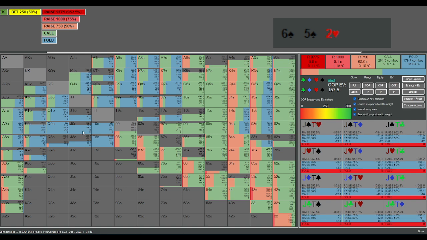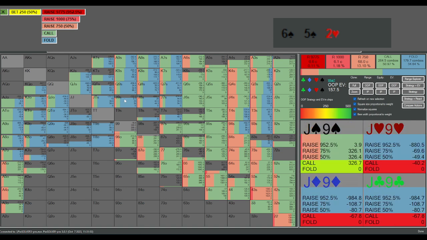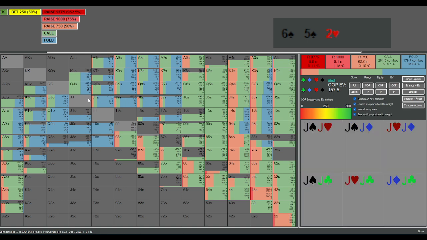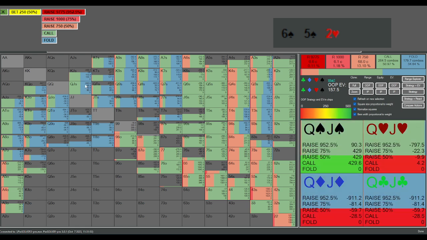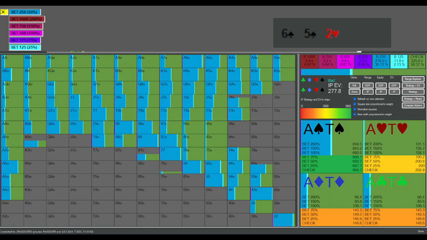All this offsuit jack high stuff, suited jack high. So when you do have something like king jack or king queen or queen jack, you're really incentivized to check back and keep those hands in your opponent's range that you have rank dominated.